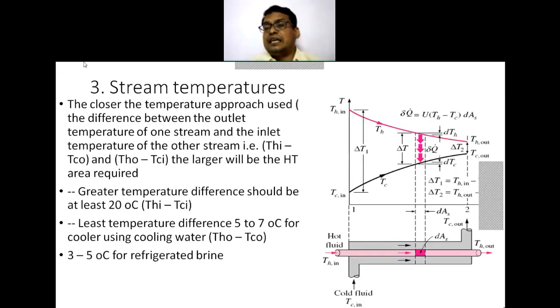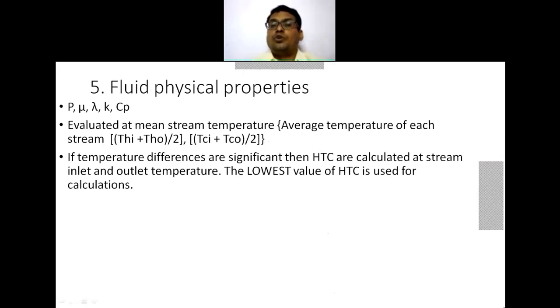Now if you see the temperature difference, it is very high at this end and very low at the second end. So as a result, my heat transfer coefficient is going to vary. So the lowest value of the heat transfer coefficient is used for calculation purposes.